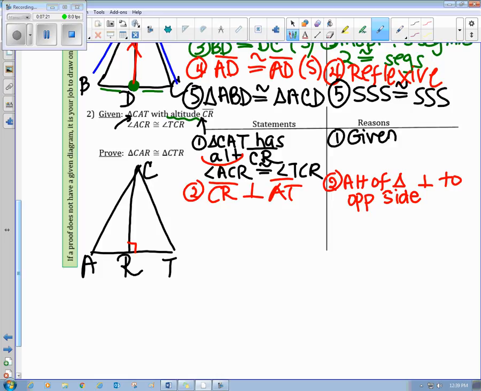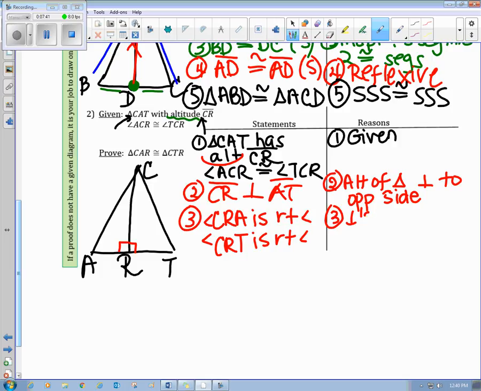And then from there, I'm going to continue on, use perpendiculars like I would have used them all along. I'm going to label the fact that I have 2 right angles in here, so angle CRA is a right angle, and angle CRT is a right angle. Perpendiculars form right angles.